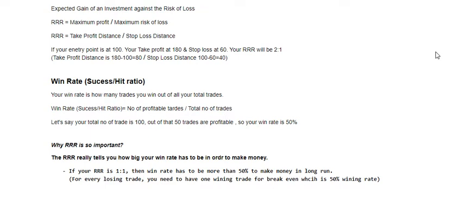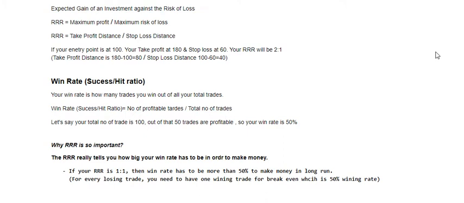Let's say your total number of trades is 100 and out of that 50 trades are profitable, so your win rate is 50%.